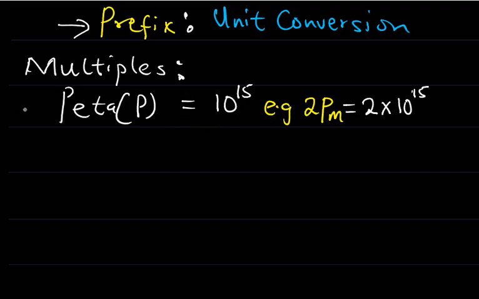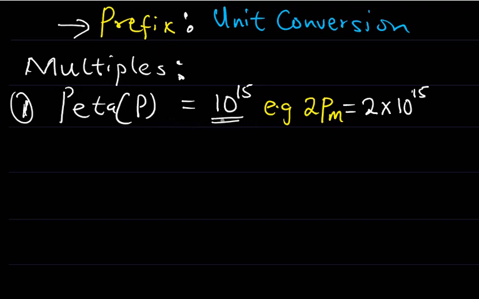So let's start with number 1. I have peta, by capital letter P, which of course is 10 raised to the power 15, which simply means that anytime any unit is given in peta, the conversion is always based on 10 raised to the power of 15.